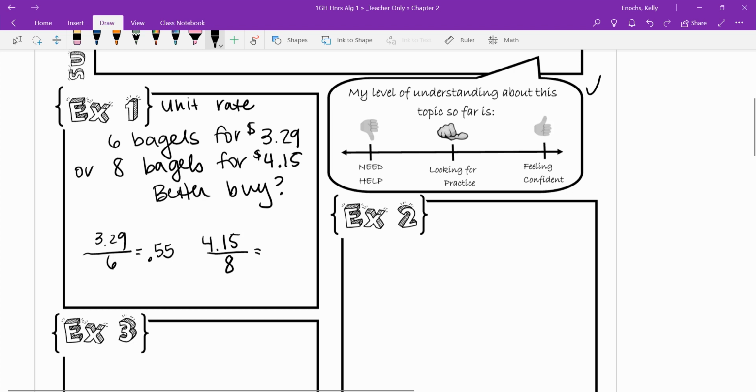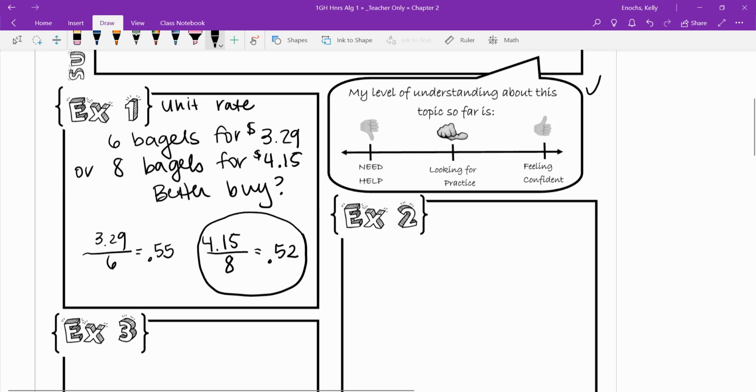Remember, money is always 2 decimal places. And 415 divided by 8 is going to end up being 0.518 or 0.52. So the better buy is going to be 52 cents per bagel, or the 8 bagels for $4.15. Notice we're finding per 1 unit, or per 1 bagel, in both of those things.